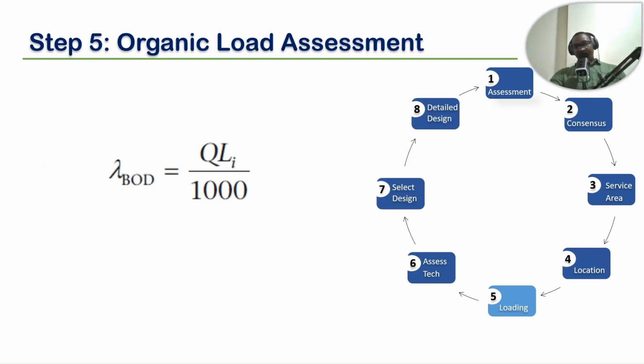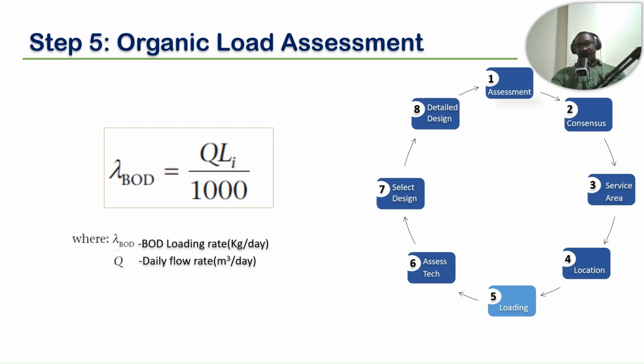Let's now look at the organic load assessment. What you see there is the organic load assessment formula, which is, first of all, denoted as shown there, where you have the value you get in kilograms per day as biochemical oxygen demand loading, which is BOD, and then the Q, which denotes flow, which is in cubic meters per day, and then that capital LI, which gives you the effluent concentration got from your lab results, from the analysis of the sewage before it enters the fecal sludge treatment plant.